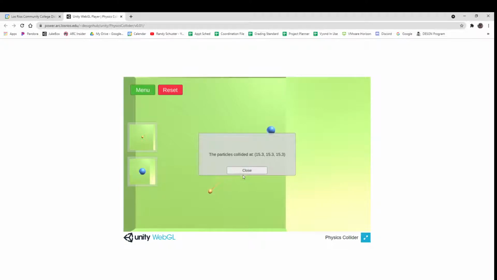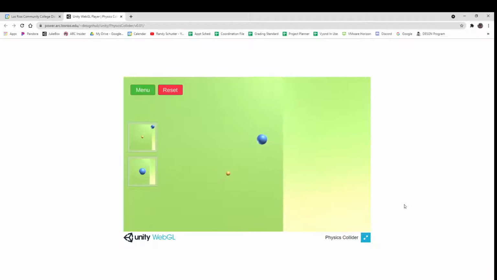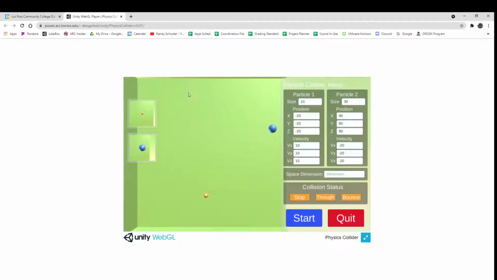So this gives you lots of ways to set up problems for them to run, right? You can give them this information and say, where will they collide? Well, let's just see. And yes, indeed, they did collide where you said, or no, they didn't collide where you said.